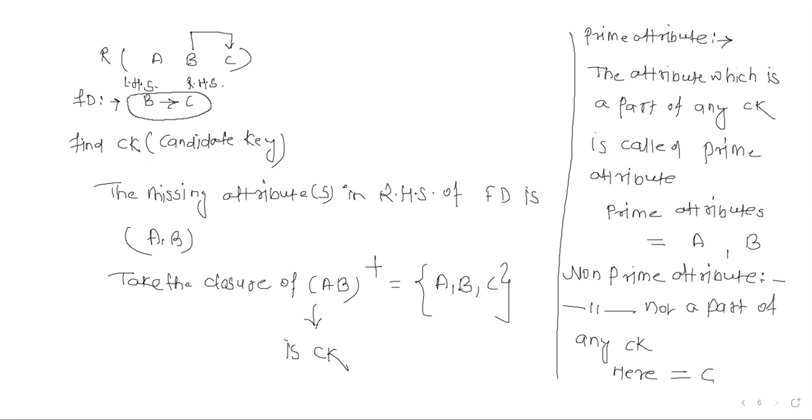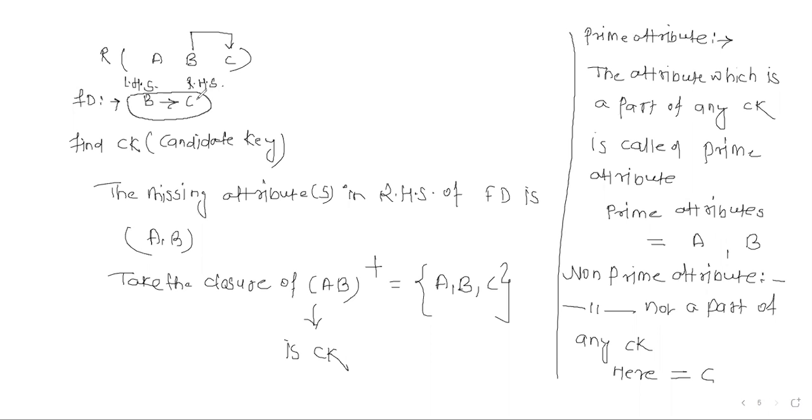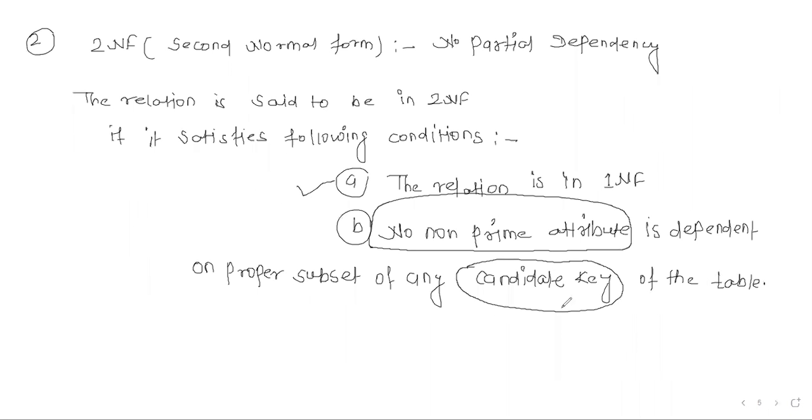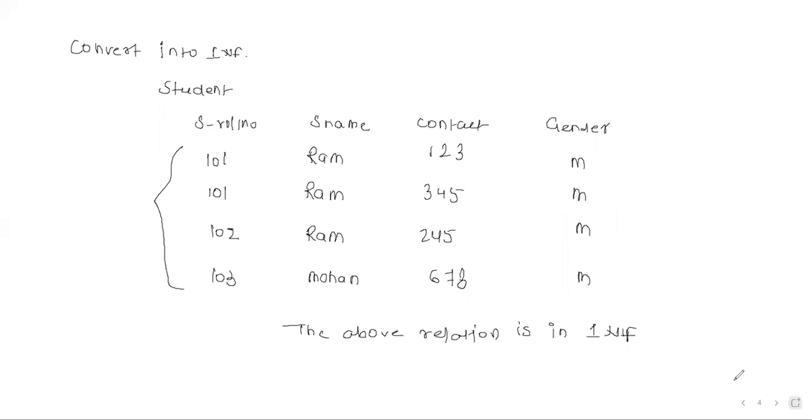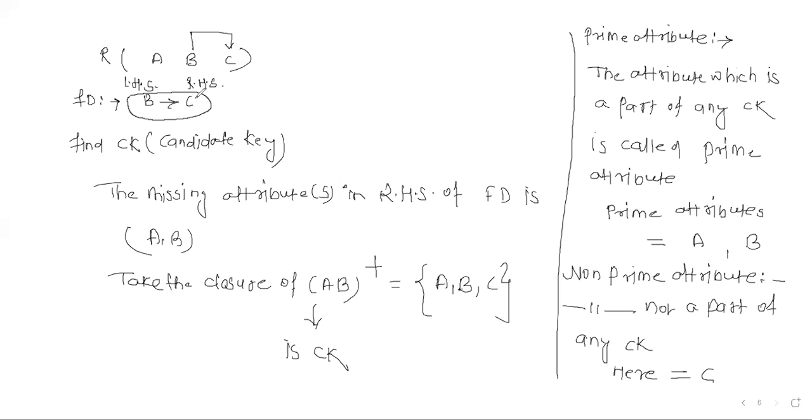Now, come to the definition once again. No non-prime attribute is dependent on a proper subset of any candidate key. Here you see, C is a non-prime attribute. Proper subset means what? A and B. Now, once you go with this definition, you will find C, which is a non-prime attribute, is partially dependent on B, which is not a candidate key.